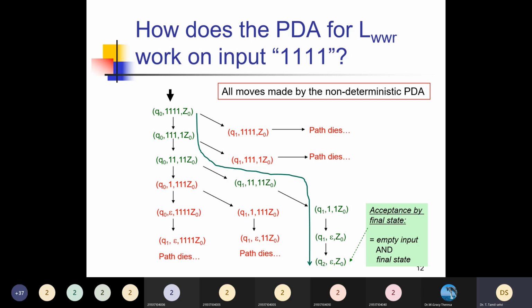So initially we have 1 as the current input symbol. If it is 1, we push it into the stack, so the stack value is 1 on top of Z0. And the second is also 1, so again push it into the stack, likewise. WcW^R means divide this into two parts. The first part is the string and the second half of the given string is the reverse of the first half.